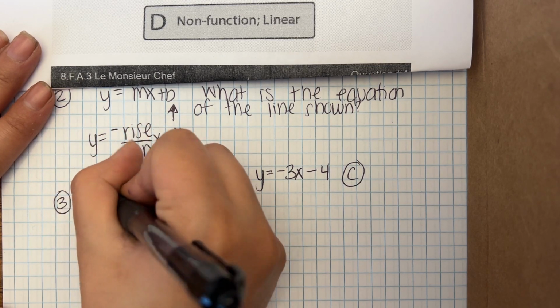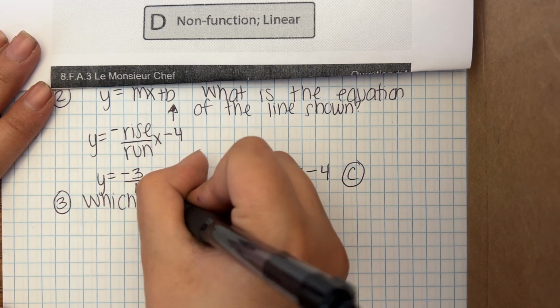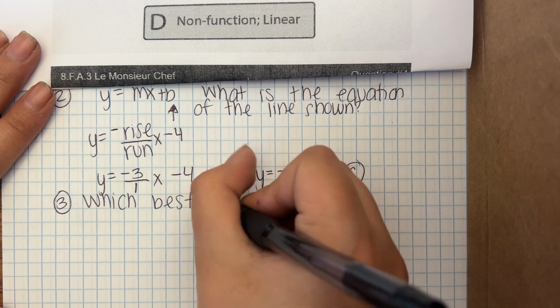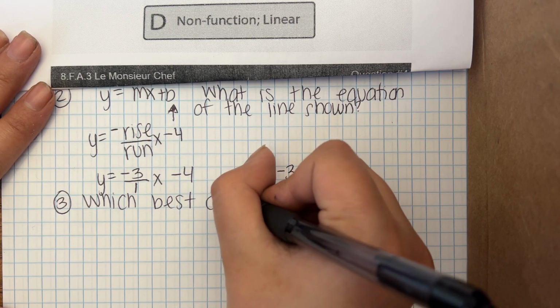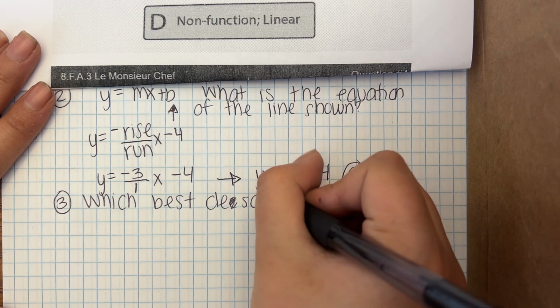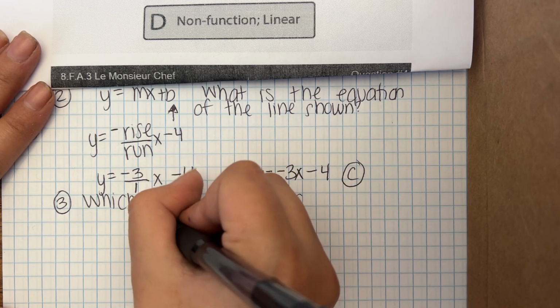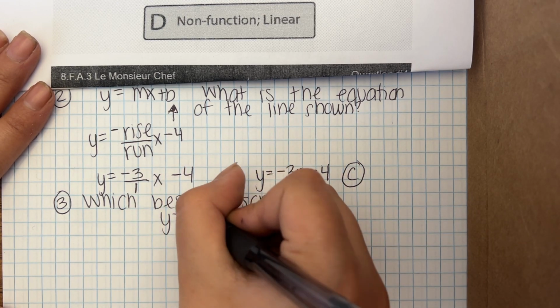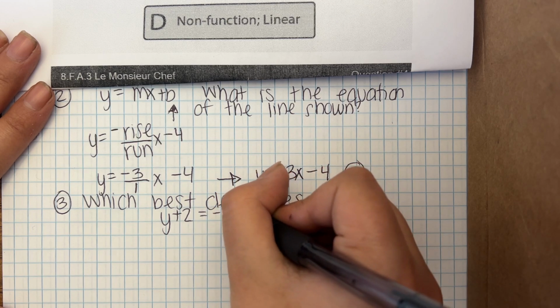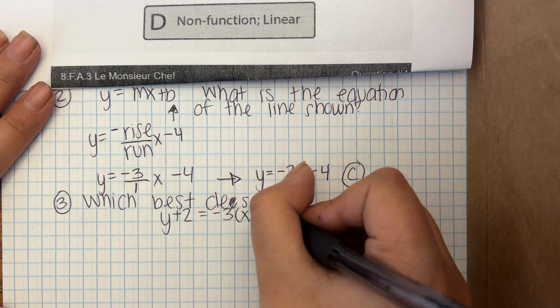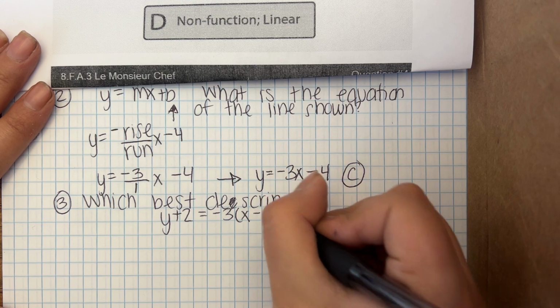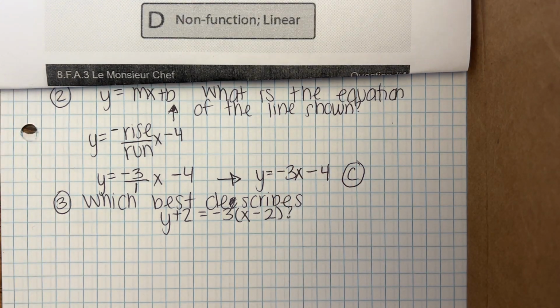Which best describes y plus 2 equals -3 parentheses x minus 2. Okay. So which one describes it the best?